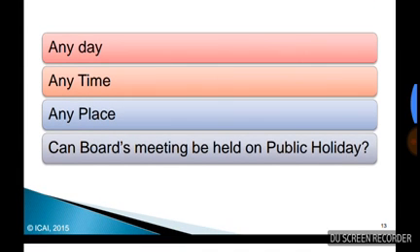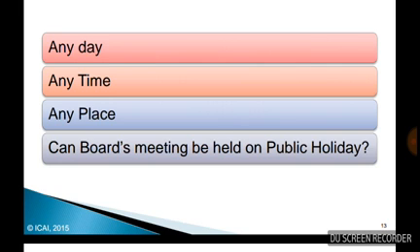Can a board meeting be held on a public holiday? A board meeting can be held on a public holiday and even after business hours, provided, as we discussed earlier, that if quorum was not formed and the meeting was adjourned, then the meeting will be adjourned to the same day of the next week.